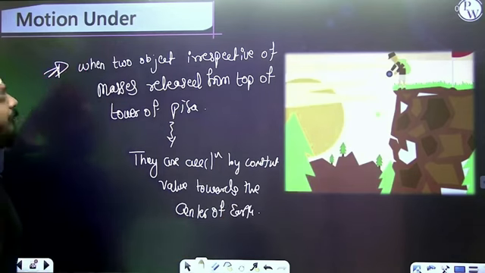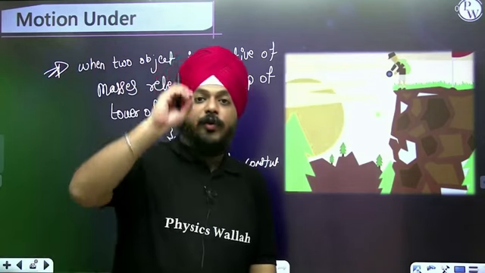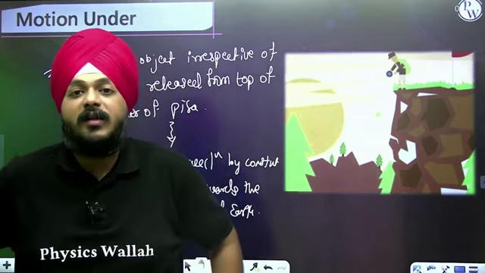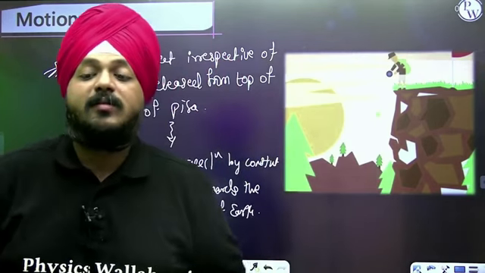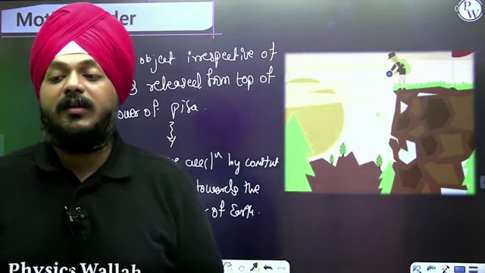The motion of the particle because of this kind of constant acceleration is defined as motion under gravity.